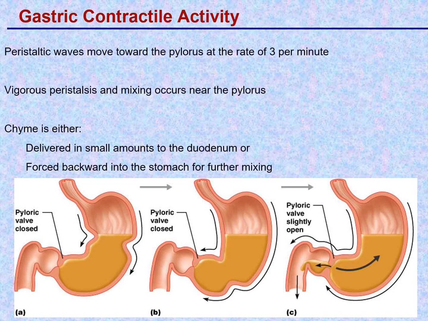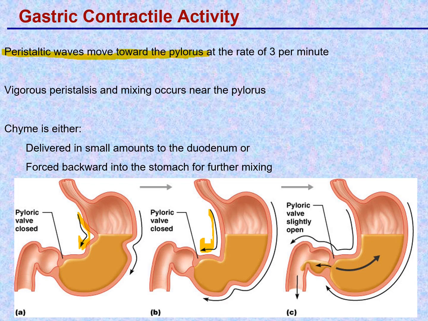Gastric contractile activity also occurs in a regulated manner. As you fill the stomach, you have waves of peristalsis that move along the stomach, as shown by these arrows here, moving further and further down towards the pyloric end of the stomach.